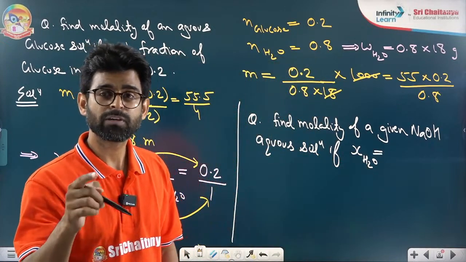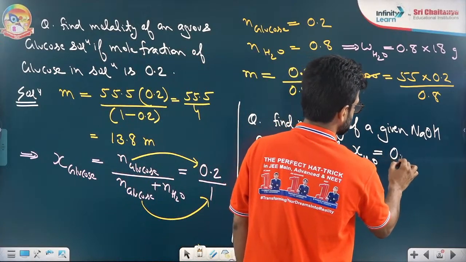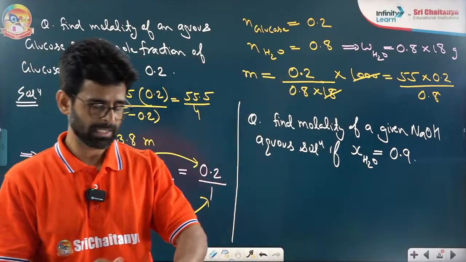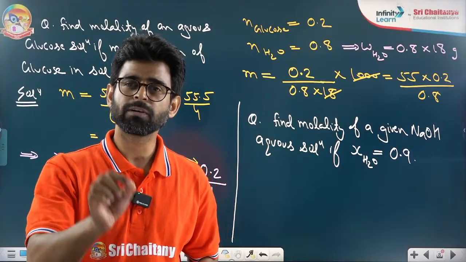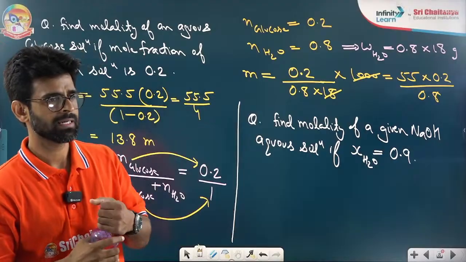They have given the mole fraction of water, but be careful. This time, instead of giving the mole fraction of solute, they gave the mole fraction of water. So be careful what to do.